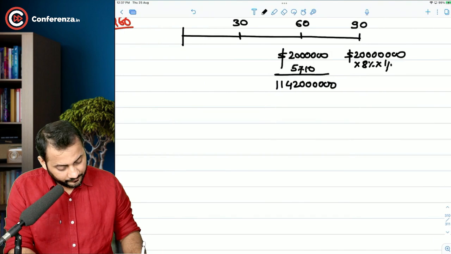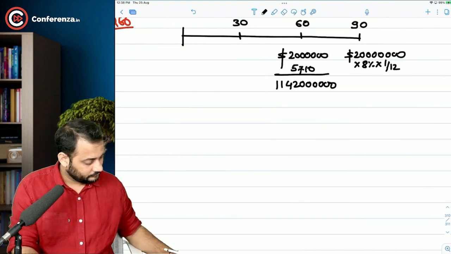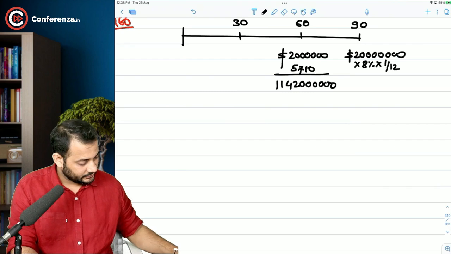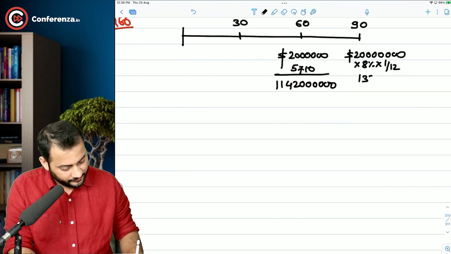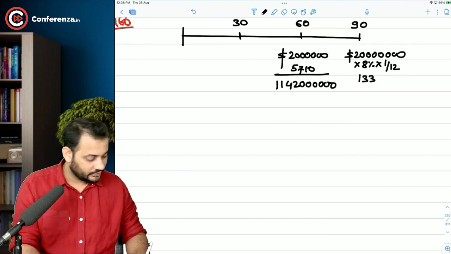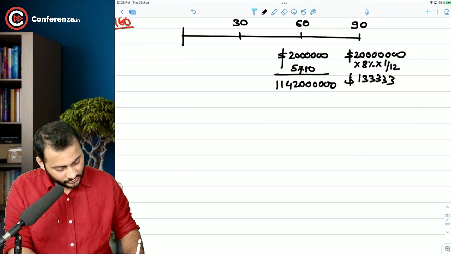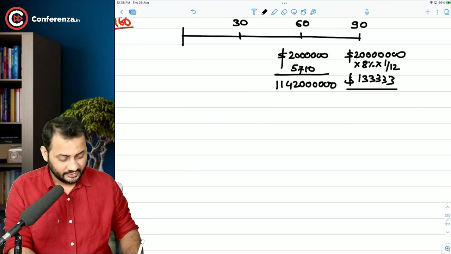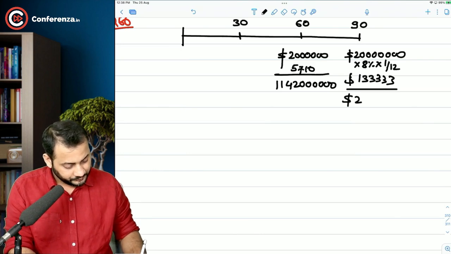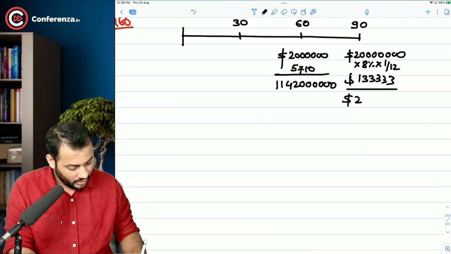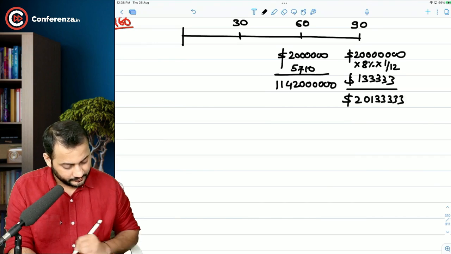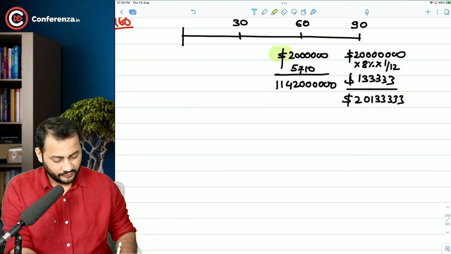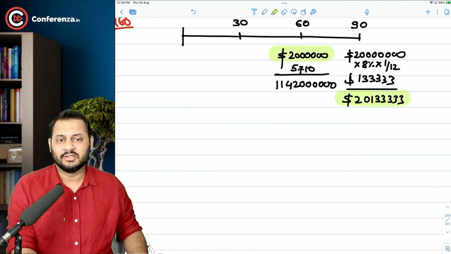For 1 month, it is 8% divided by 12, so that comes to 1,33,333. So if I make the payment at the end of 90 days, the total payment will be 20,133,333. Instead of 20 million, we have to pay 20.13 million.